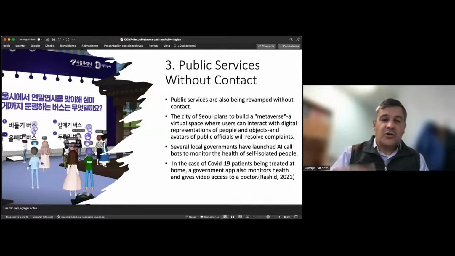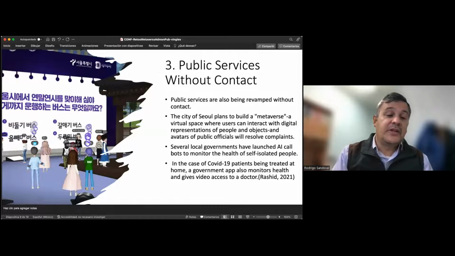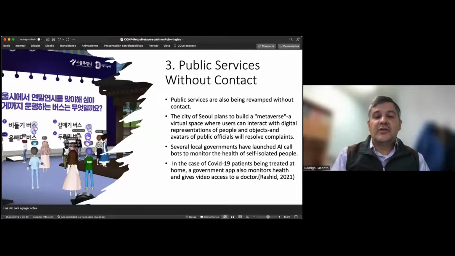This also means, in Korea, that we can make an extension of the COVID-19 response, and allow people to enter the metaverse in order to have public services, to gain a new communication channel with the government, and another opportunity to interact with it.